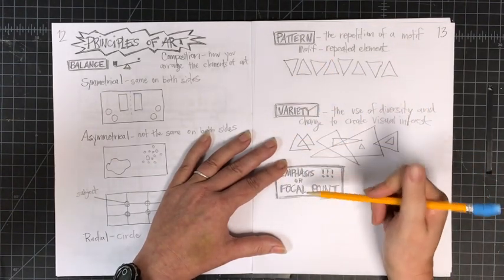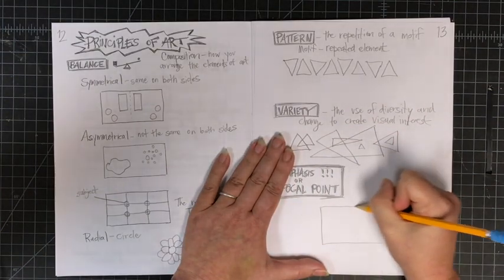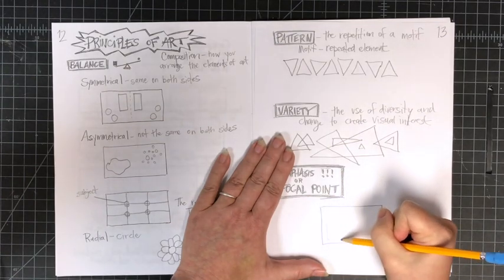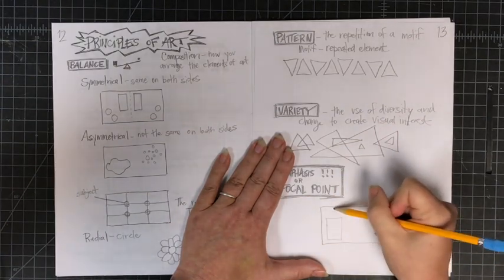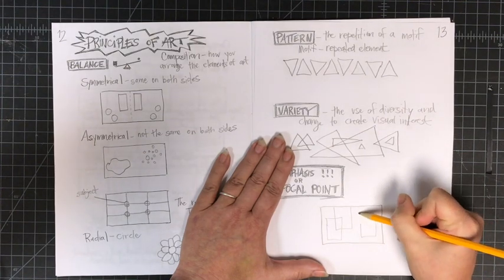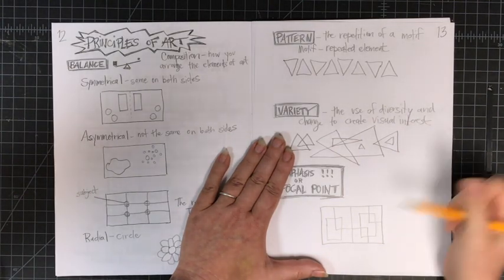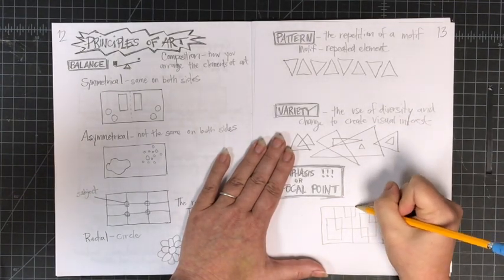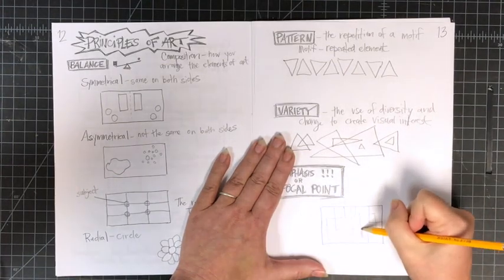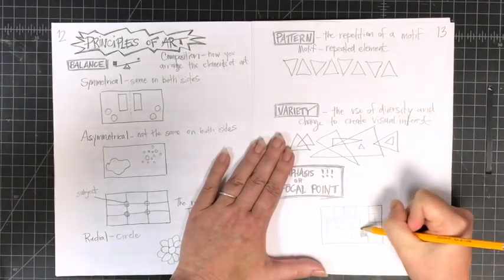Okay, then you've got emphasis or focal point. So let's say this is my piece of paper, and I have a whole bunch of squares that overlap. We're just going to make this nice and simple. Maybe some of them touch the edges. And let's say that I have decided to fill this spot in solid.